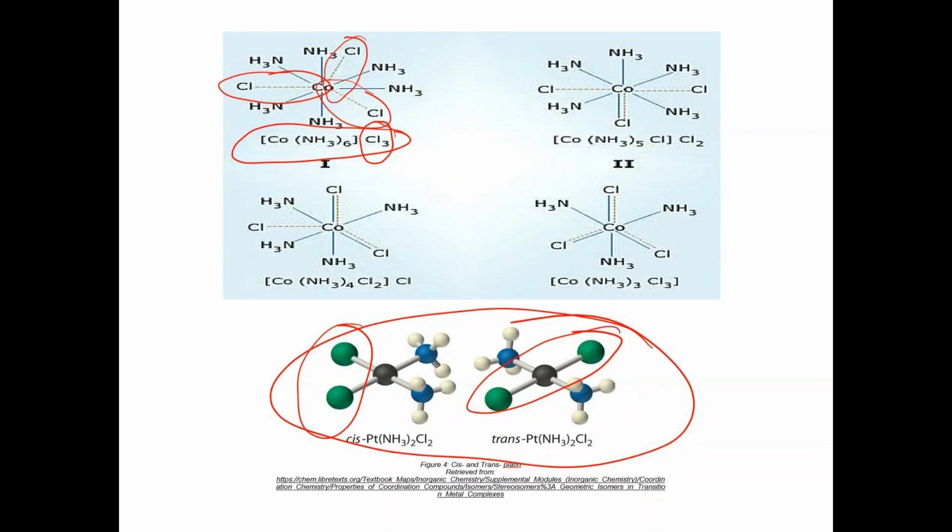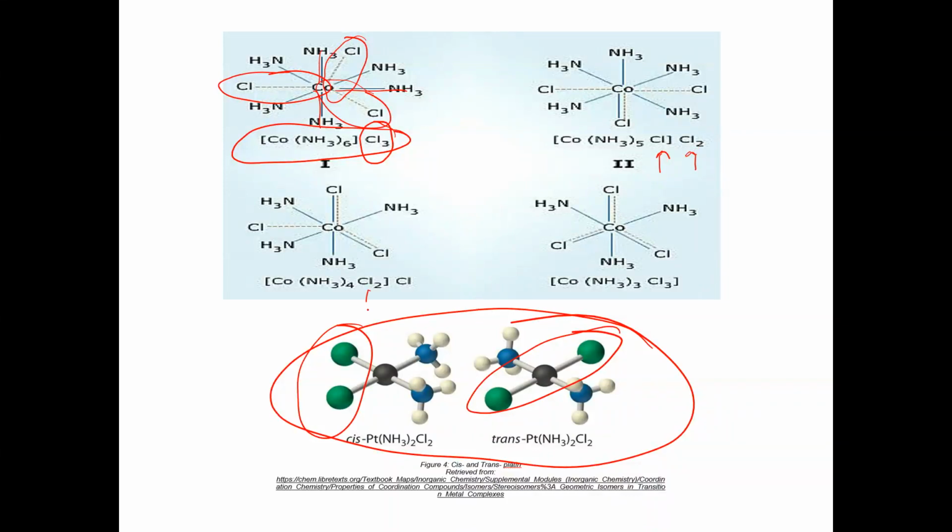Basically, it is showing the primary valency, and these bonds are related to the secondary valencies. And the other possible structure: one chloride ion can be inside the coordination sphere and two remain outside the coordination sphere, right?